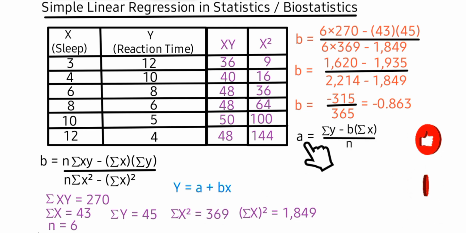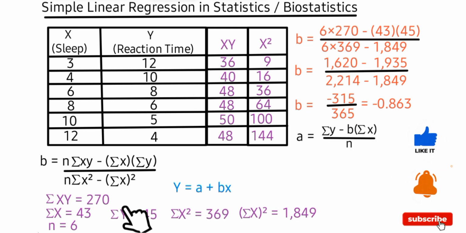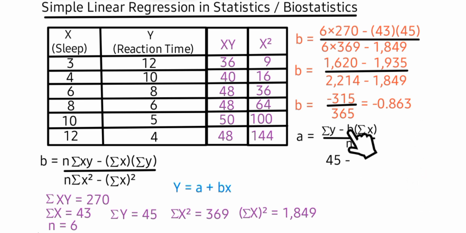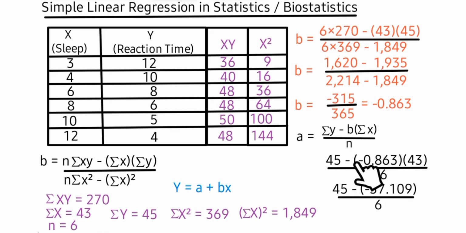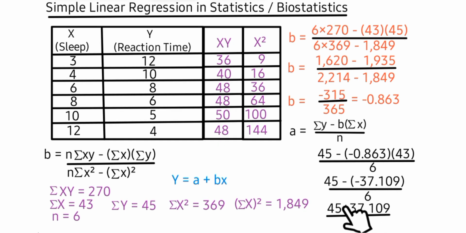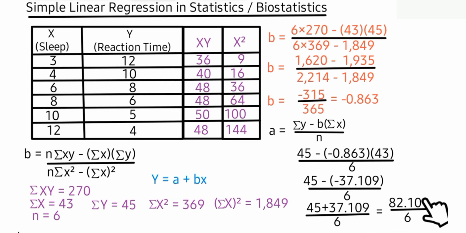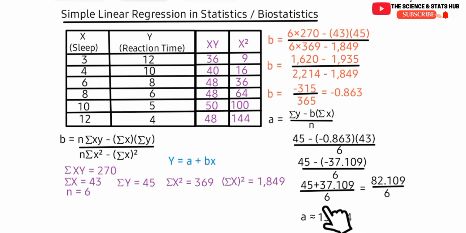We use this formula to find the intercept: summation y, 45, minus b, whose value is this, times summation x, 43, divided by n, whose value is 6. 45 minus negative 0.863 times 43 gives negative 37.109, then divide by 6. 45 plus 37.109 divided by 6. 82.109 divided by 6 is approximately 13.684.